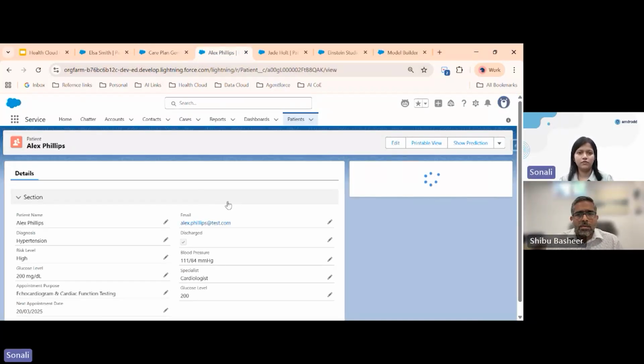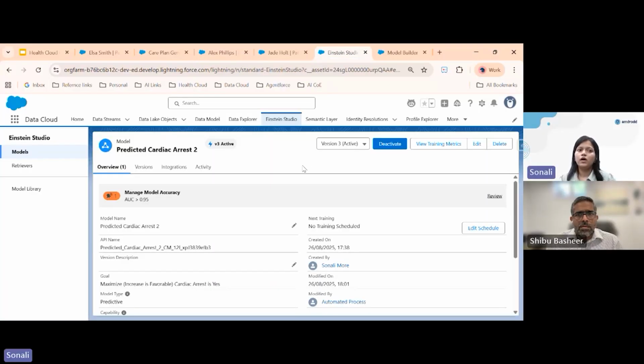That was the care plan generator. When we talk about the episode prediction, in Salesforce Data Cloud, we have prediction builders, prediction models. What those models do is take some set of data, and we can train these models with those data sets.